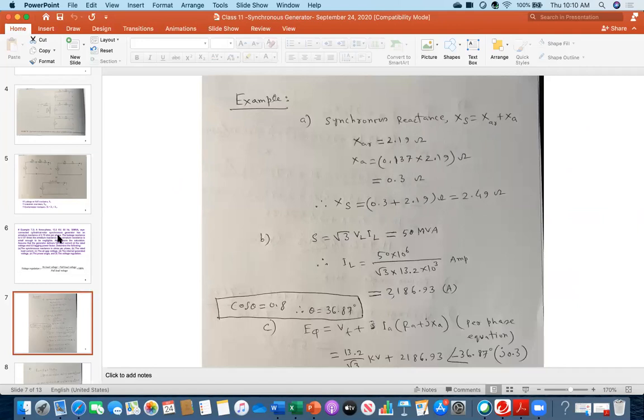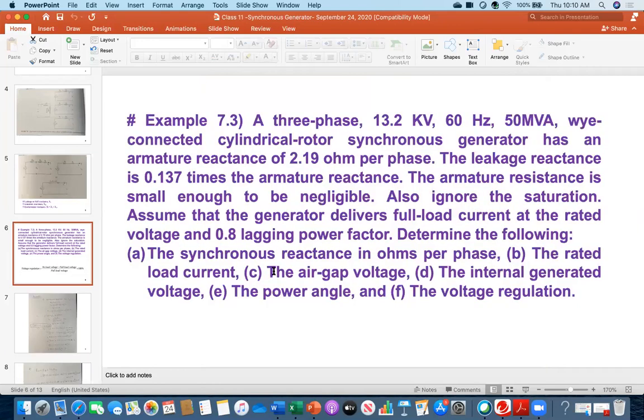Now the next question is the rated load current. Rated. So as I said at the beginning, the very first line gives the ratings of the generator. Those are the rated values. This voltage, this MVA. And then it says the generator delivers full load current at the rated voltage and 0.8 lagging power factor.